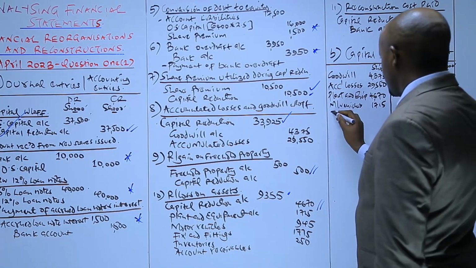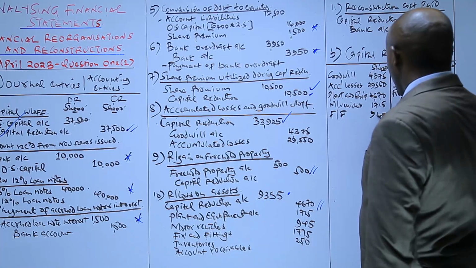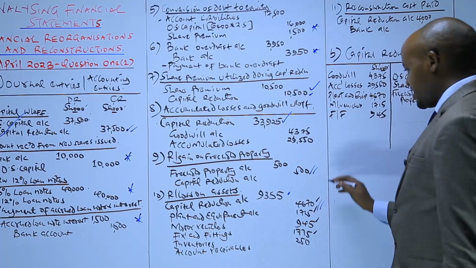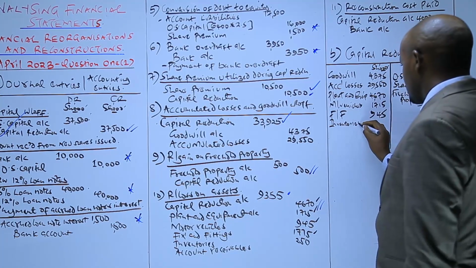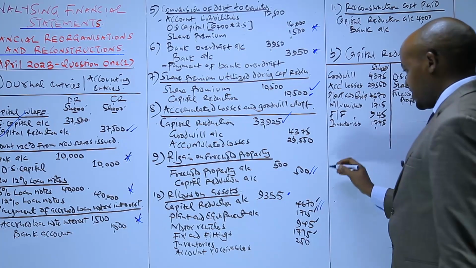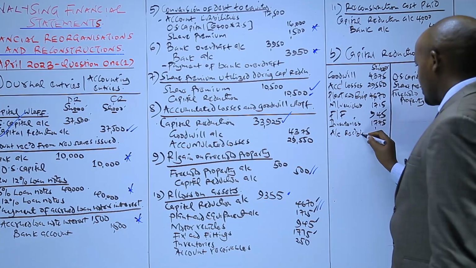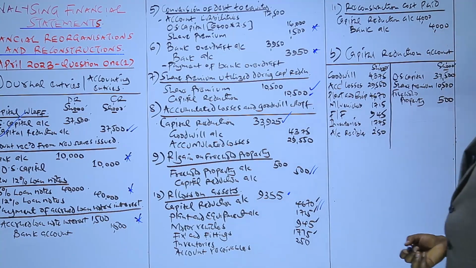The other entry is in the account for fixture and fittings, with an amount of 495. The other entry is in the inventories account, with an amount of 17.75. The other entry is in the receivables account, with an amount of what? 250. So we are through with that.